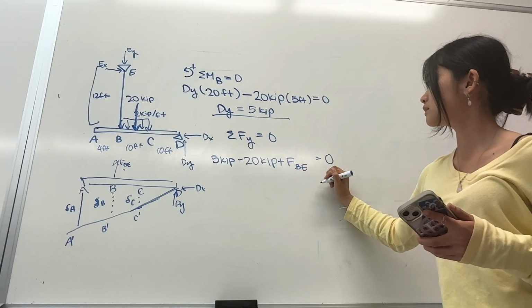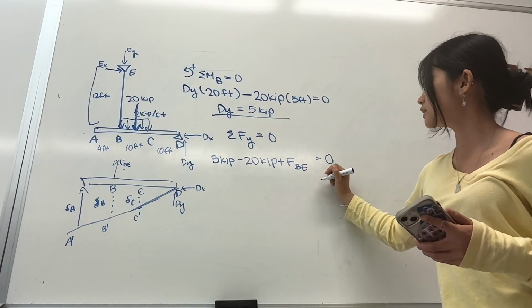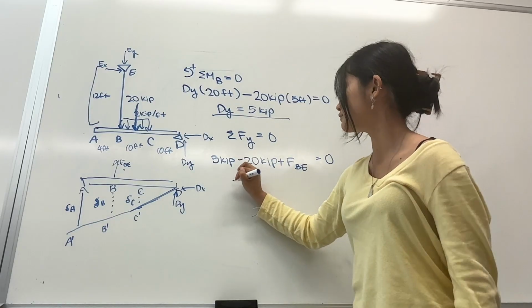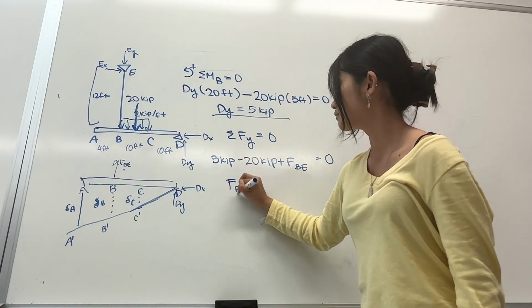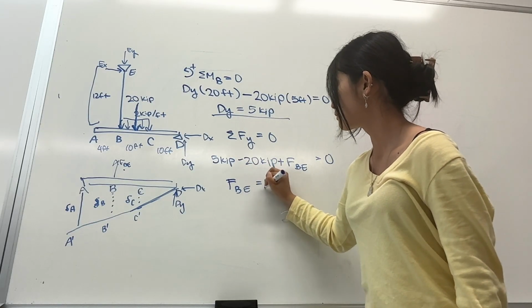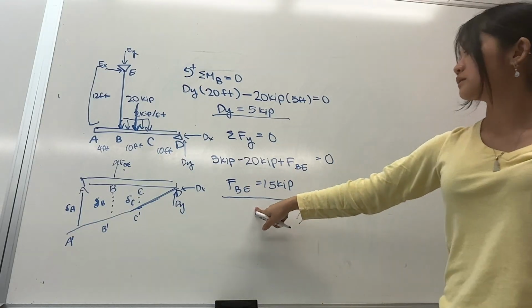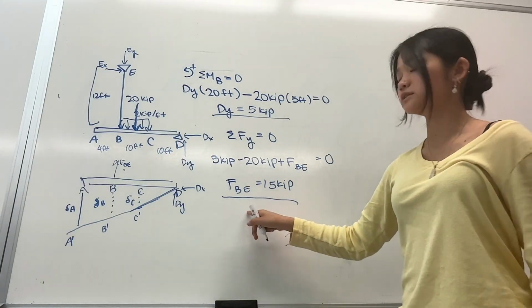So solving for force BE, we get positive 15 kip. So that's how we got this force.